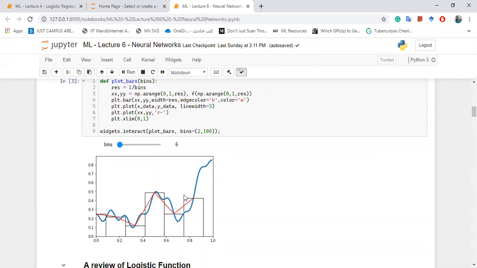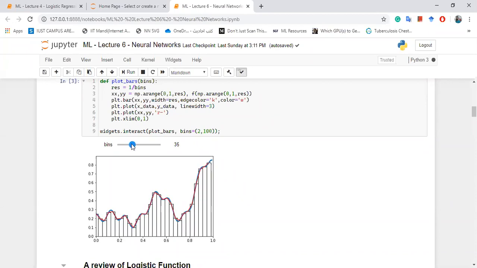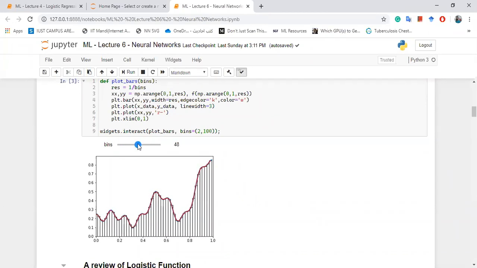As you can see, it's not a good approximation, but as we go on increasing the number of these square waves, which we call the bins, the red curve will start approaching the blue curve more closely. When we reach around 40, 50, the error between the predicted curve and the true curve becomes as small as possible.